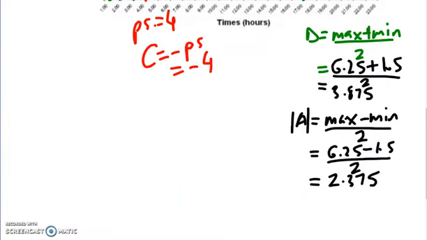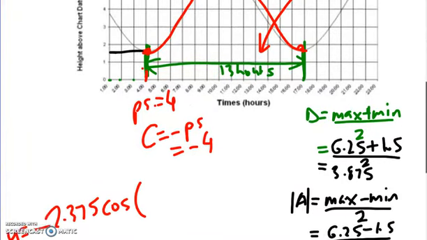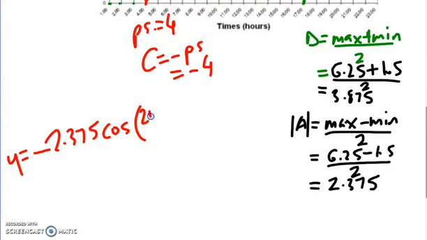So y equals negative 2.375 cosine. My B value is 2 pi over 13. So 2 pi over 13. And then we can use t here for time.